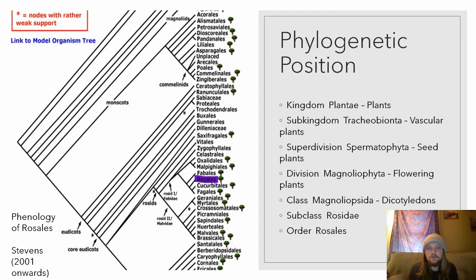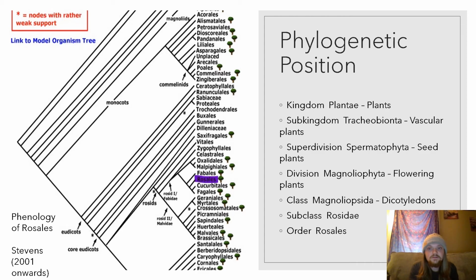And for further classification, the kingdom is Plantae. The subkingdom is Tracheobionta, sorry, it's vascular plants. The superdivision is Spermatophyta, which is seed plants.